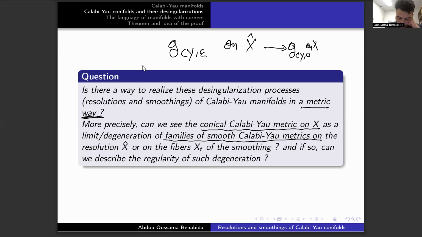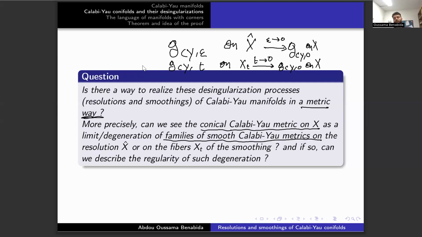So can we have Calabi-Yau metrics on the fibers which, when we let t go to 0, we find this conical metric on X.